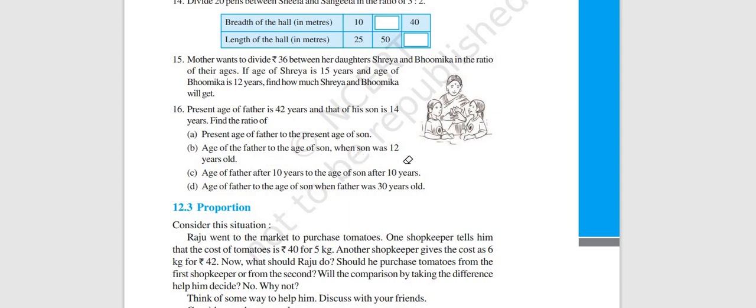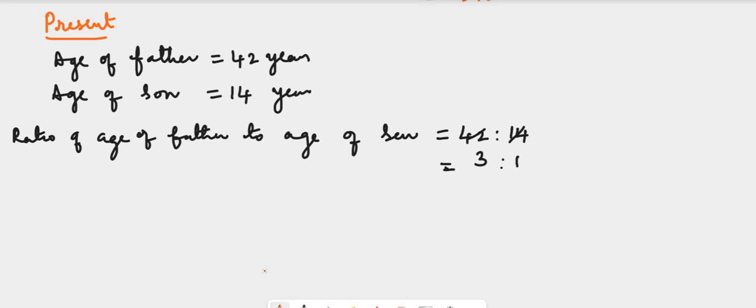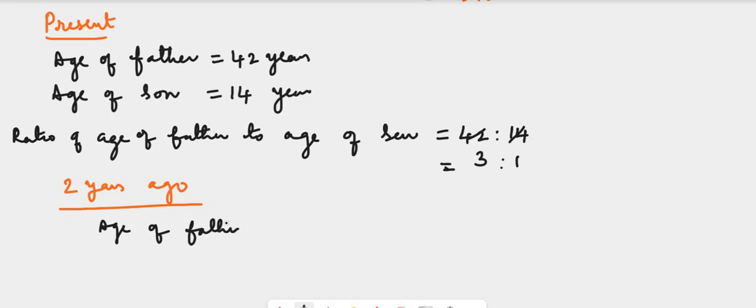Second question, when son was 12 years old. When son was 12 years old means 2 years ago. Present age of son is 14 years. Age of son is 12 years means 2 years ago. 2 years ago, age of father is equal to 40 years.